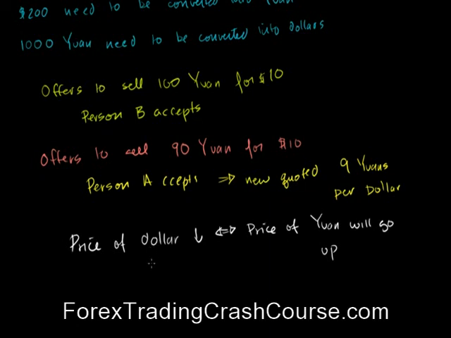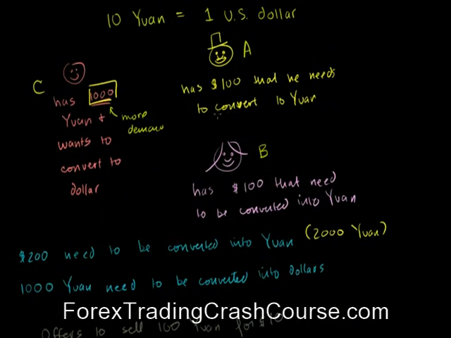And this is the crux of foreign exchange. If you can at least internalize these ideas and understand that there really is this market based on the supply and demand of won. Over here, the demand for won is exceeding its supply, so the price will go up. Or you could view it the other way. The demand for dollars is below its supply, so the price will go down.